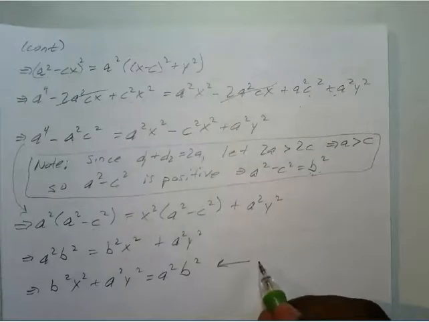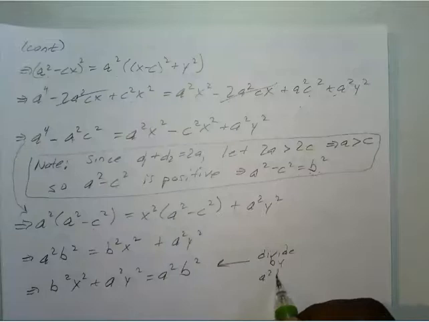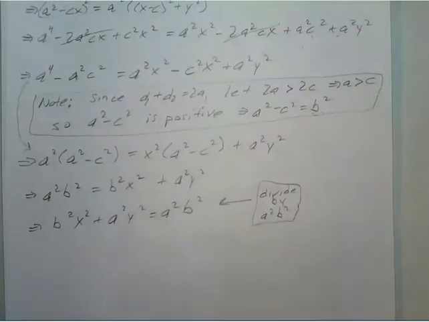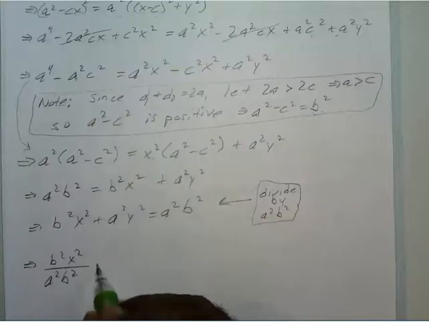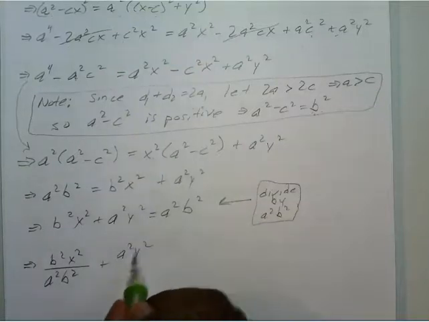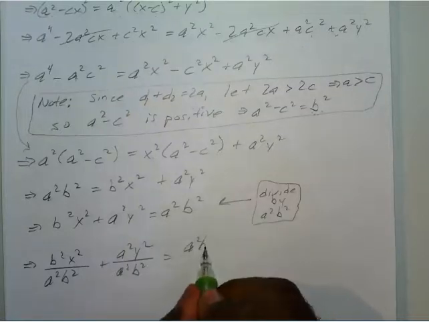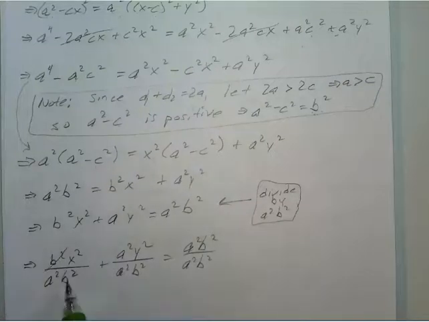Okay, so we know that if we divide each term by a squared b squared, we will end up with b squared x squared over a squared b squared plus a squared y squared over a squared b squared equals a squared b squared over a squared b squared. On this term, the two b squareds will cancel out. On this one, the two a squareds will cancel out.